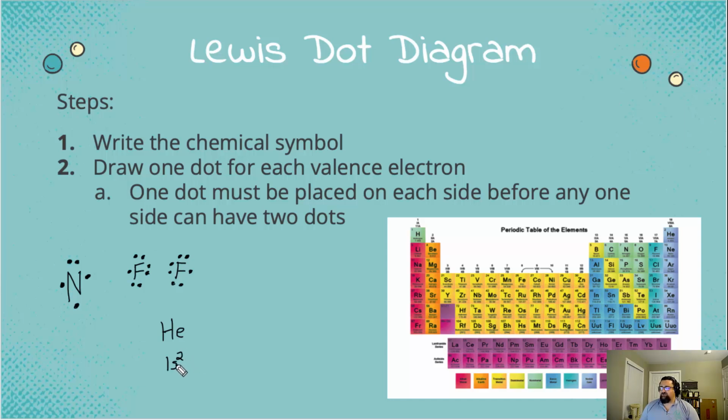Since the s only holds 2 and this is full, for helium we're going to say it has 2, and we're going to put them both on the same side. This is the lone exception. Everything else is going to follow our rules, but helium only has room for 2, even though it's over here in column 8, because that is a full shell. Because of that, you're only going to do 2, and you're going to leave them on the same side.